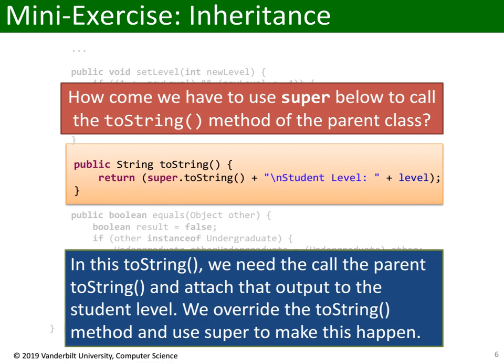If we were overloading it, then we would be adding a new version, which would have to have a different either return type or parameter set, right? So don't get confused between overloading and overriding.